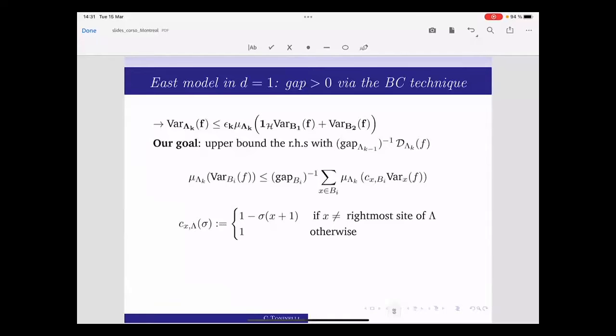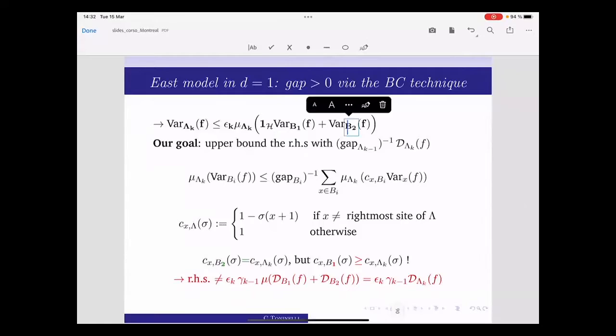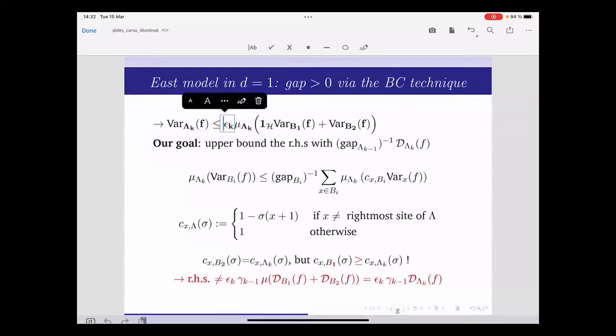Since the Dirichlet form of the East dynamics is simply a sum over all sites, if I upper bound each of these two terms with the inverse of the spectral gap for the East dynamics on that volume, times the sum over all the sites of the volume with the constraint function times the local variance, I seem to have reconstructed the Dirichlet form of the original East model, but on the larger scale, with the correction factor epsilon k, which, as I said, converges to 1 very fast when k goes to infinity.